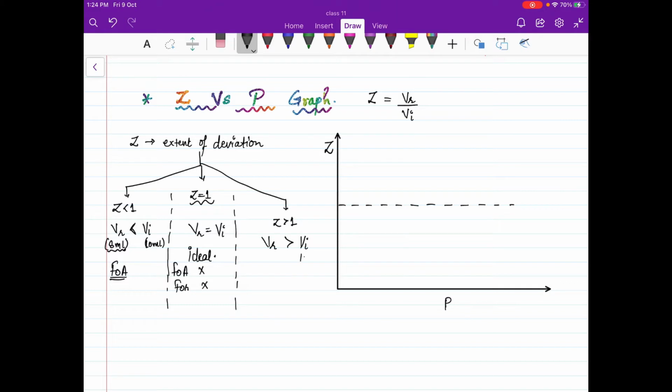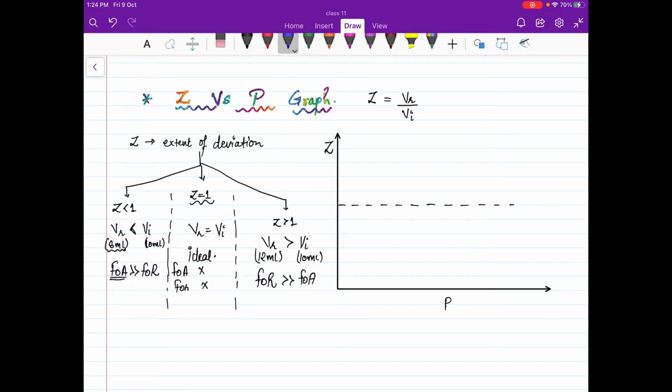If you are getting 10 ml from the ideal gas equation, then when experimentally tested on the same gas at the same temperature, the volume you get is 12 ml. Let's suppose hypothetical values. So over here the force of repulsion is greater than the force of attraction, whereas in the first case the force of attraction is greater than the force of repulsion.